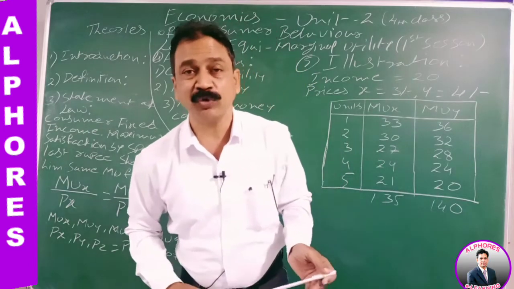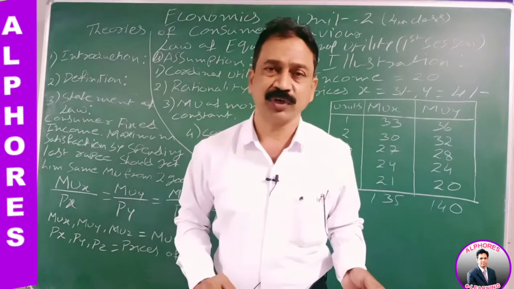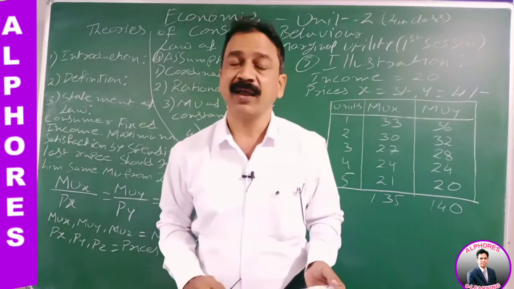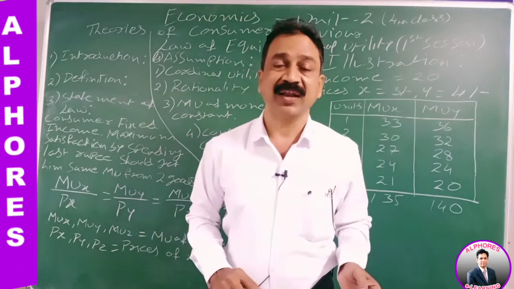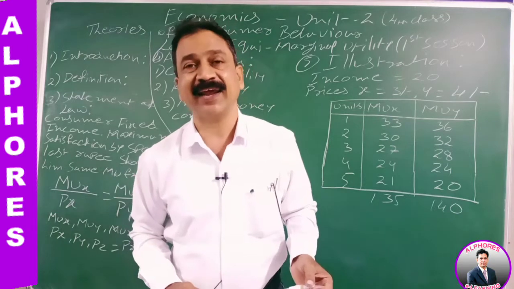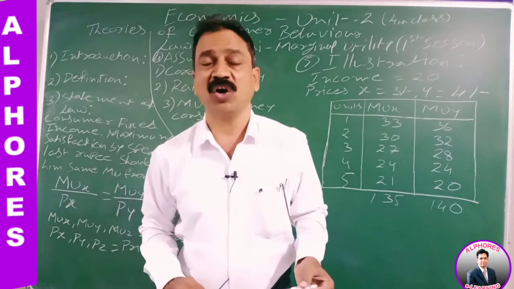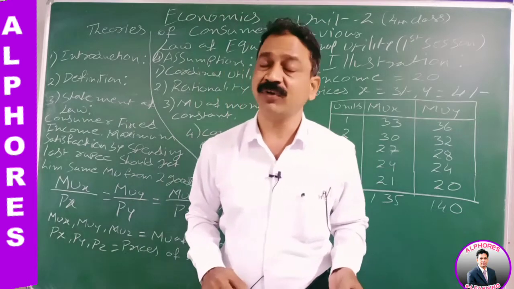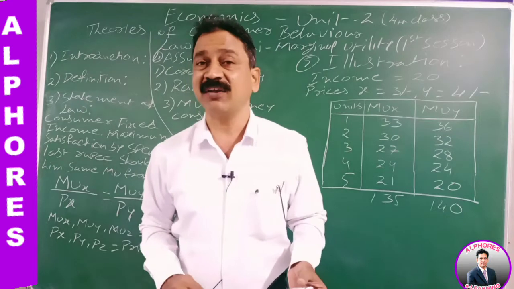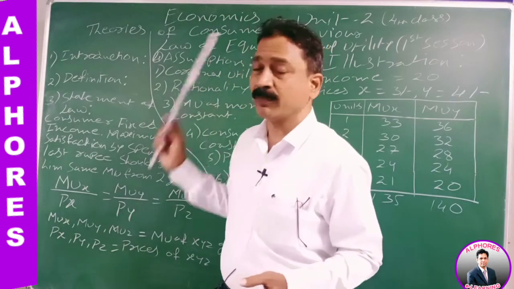This has been proposed by H. Gossen, like diminishing marginal utility, but he did not develop it. It was developed by Alfred Marshall later in his book Principles of Economics in 1890. But in 1854 itself, Gossen proposed the law of diminishing marginal utility and the law of equi-marginal utility.